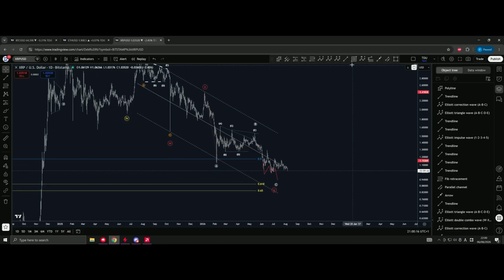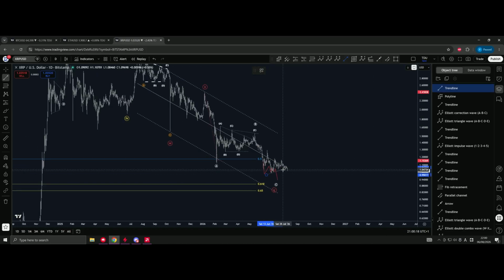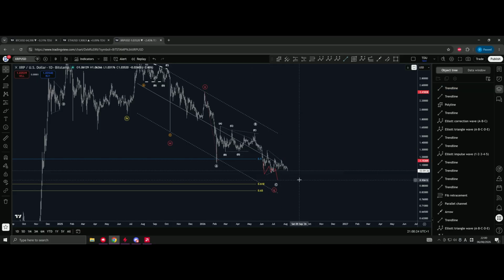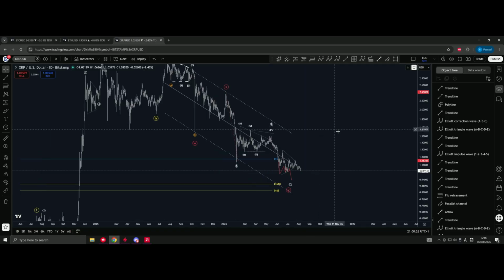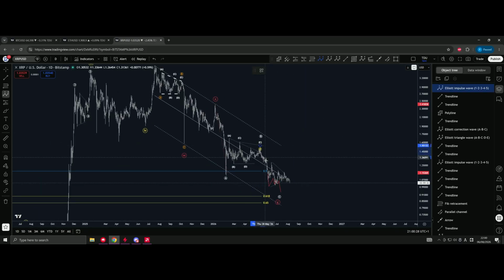This is a triangle, might be a triangle. So right, this could be a count.